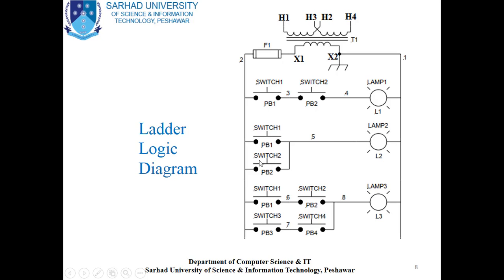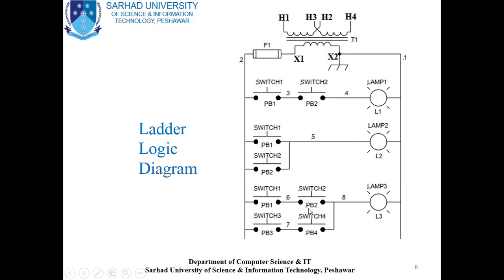If we press switch 2, lamp 2 will be turned on. It means that switch 1 and switch 2 have been connected in OR form. Here you can see switch 1 and switch 2 connected in AND form or series form, and here you can see switch 1 and switch 2 which are connected in parallel form or OR form.